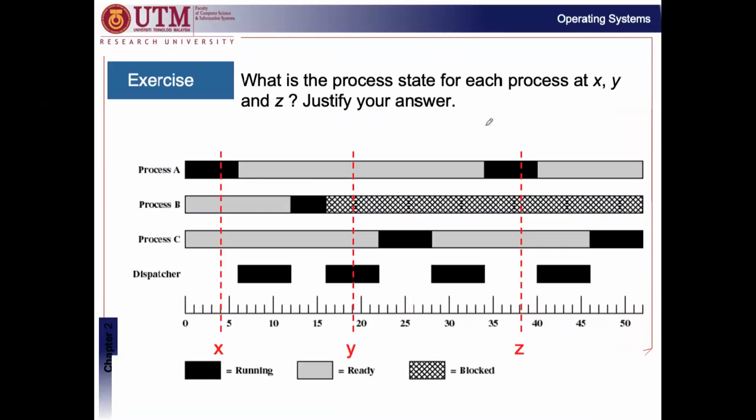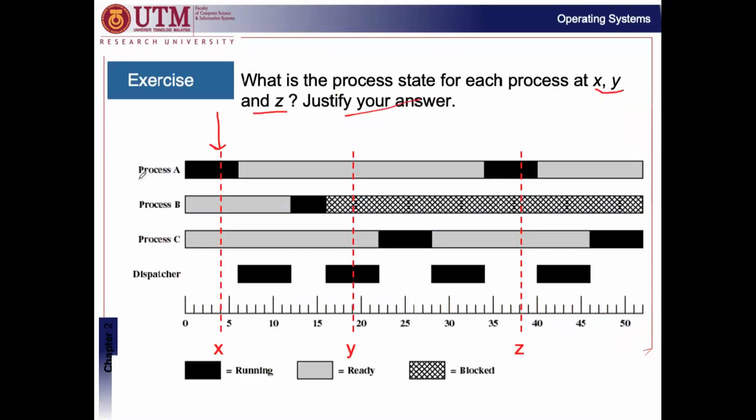Maybe this could be a question for you: what is the process state for each process at X, Y, and Z? Justify your answer. So at this time, what happened?